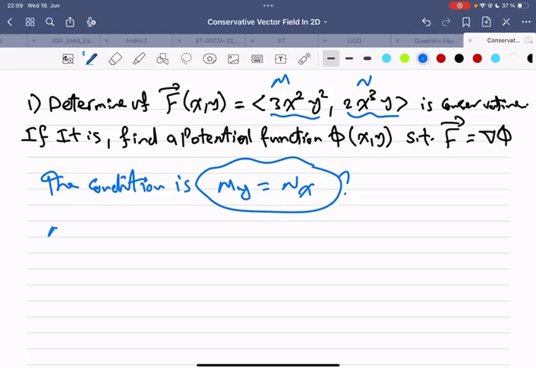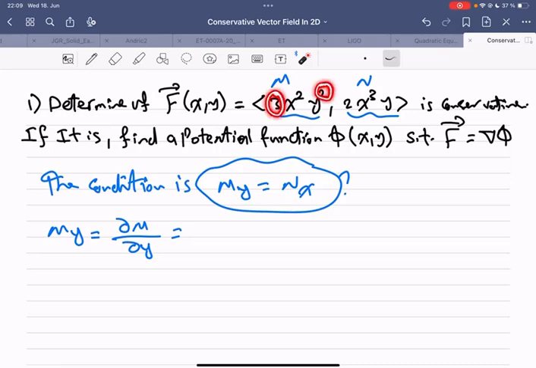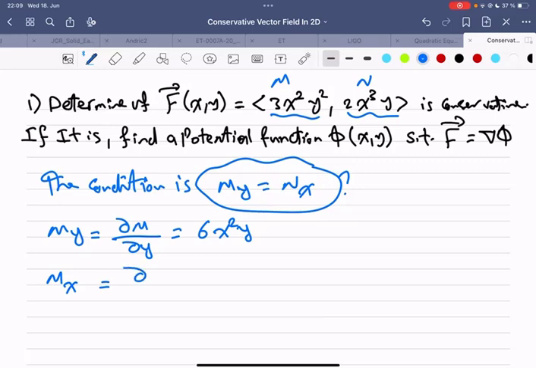So what is M y? M y is dM by dy. So we will differentiate this function according to y. So this will be 2 multiplied by 3 is 6x squared y. And N x is dN by dx. We'll differentiate this function with respect to x.